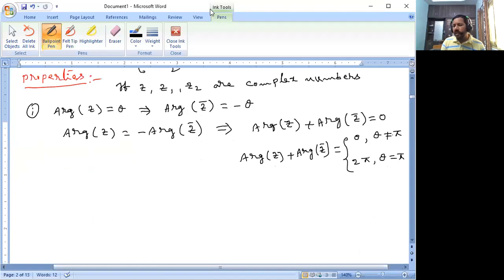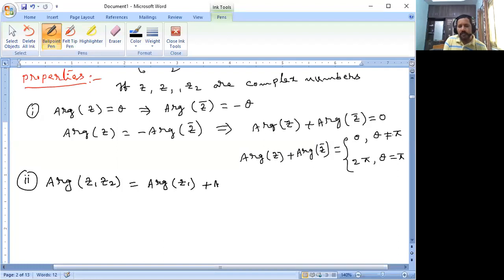Next, another concept, which I think you already got in intermediate. This is argument of z1 into z2. What is the formula? That is argument of z1 plus argument of z2.